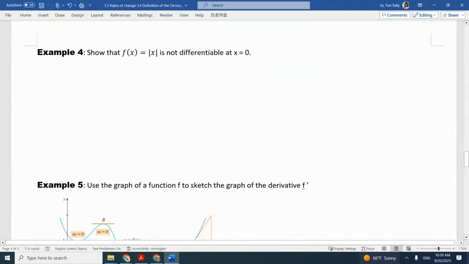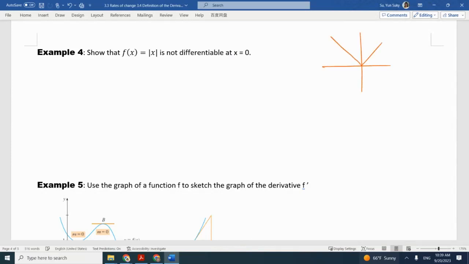So let's continue. Show this function is not differentiable at 0. Do you remember what the graph of absolute value of x is? Like this. Do you see here the slope is 1? 45 degrees, slope is 1.